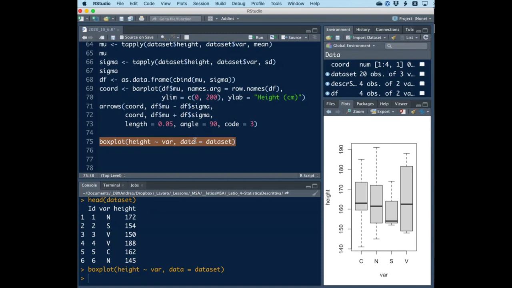So this is another way of expressing where the vectors are. So I could have as well written something like this: dataset$height, dataset$var. So these two commands are totally the same, but the first one is clearer. But they are totally the same.